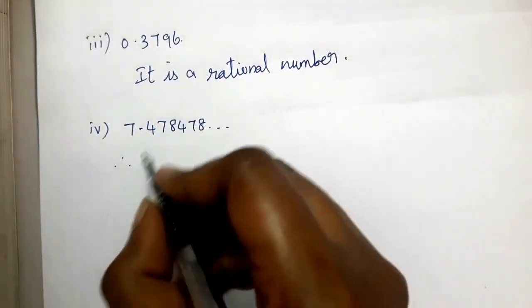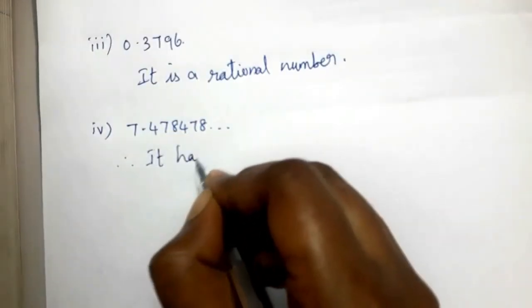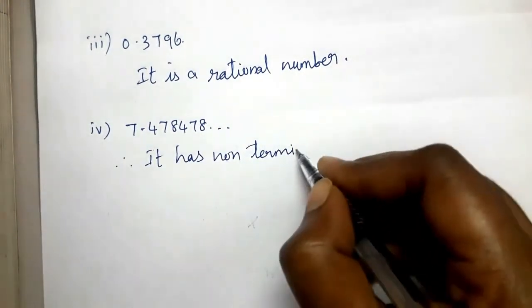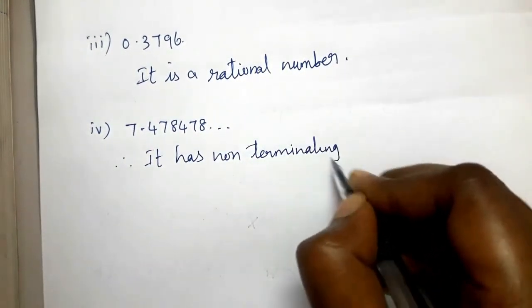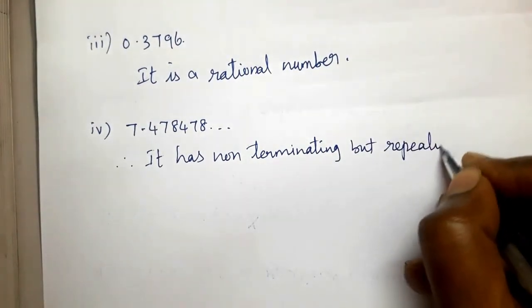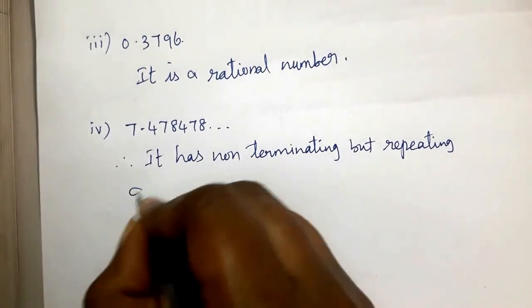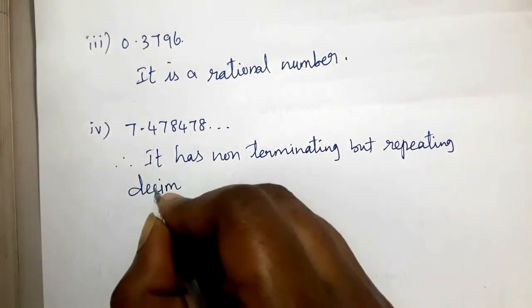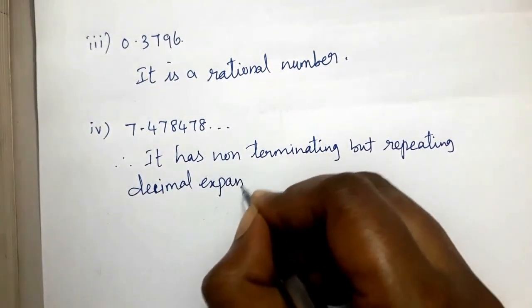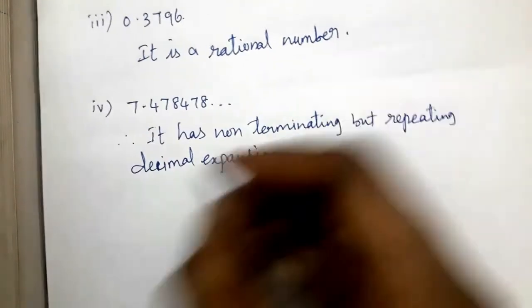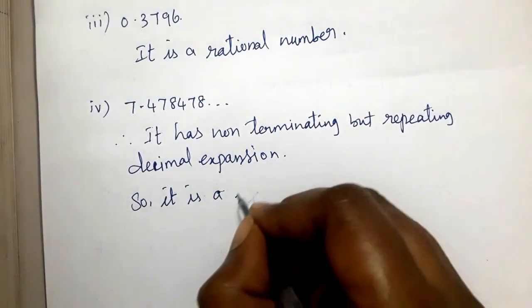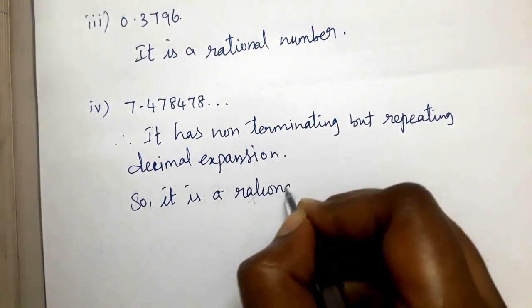Same thing we can write here: it has a non-terminating but repeating decimal expansion. So it is a rational number.